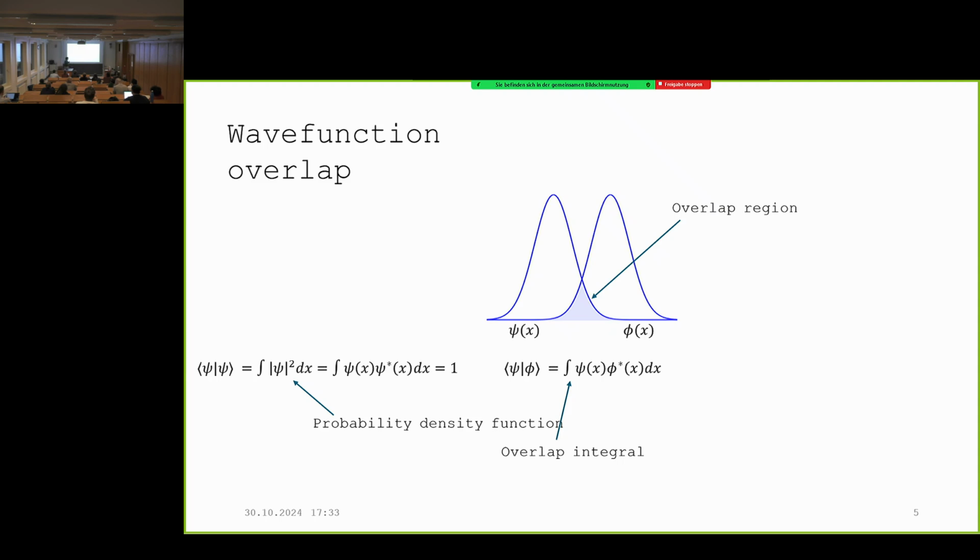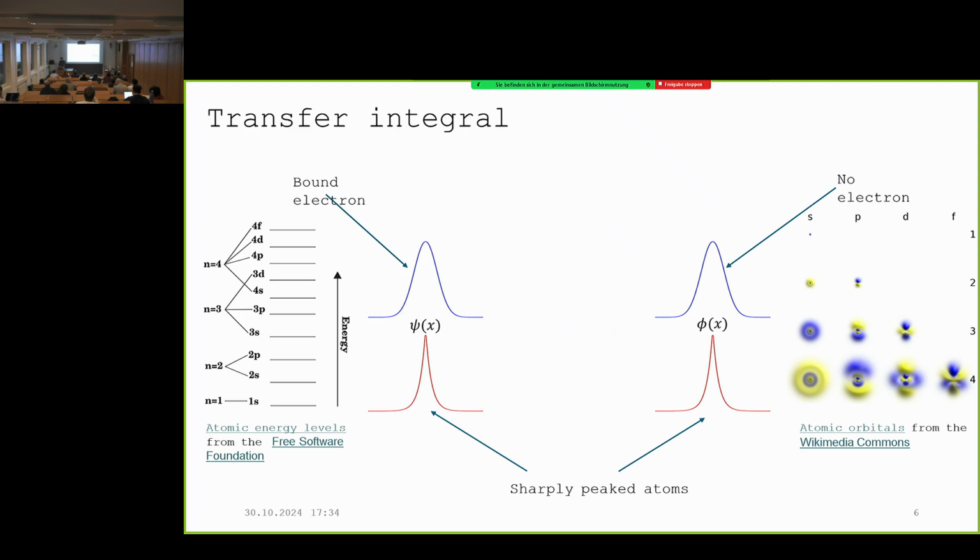And in this region where they overlap, the wave functions are in a superposition. So it's a region in space where the electrons can coexist, in a superposition of states. That's really basic, and what you need to retain is that they coexist in this overlap region.